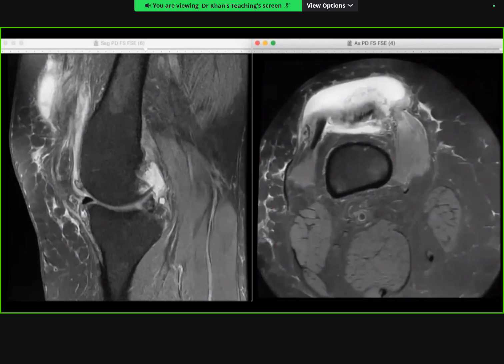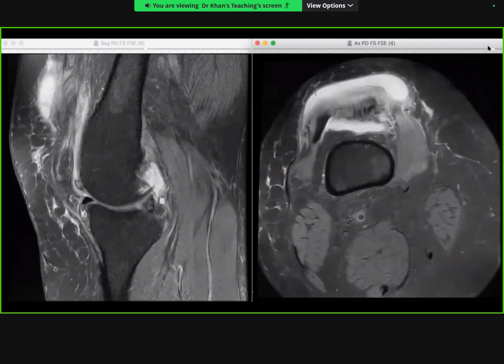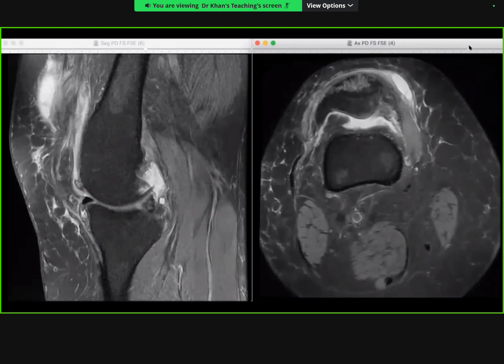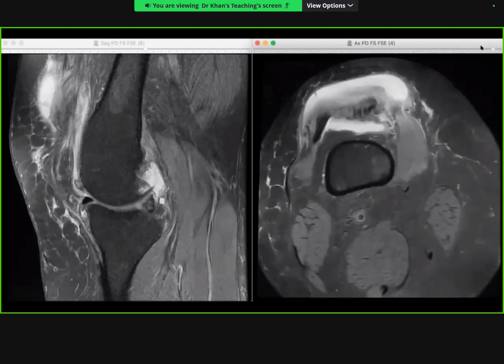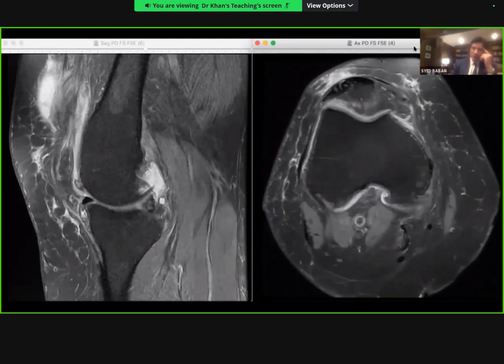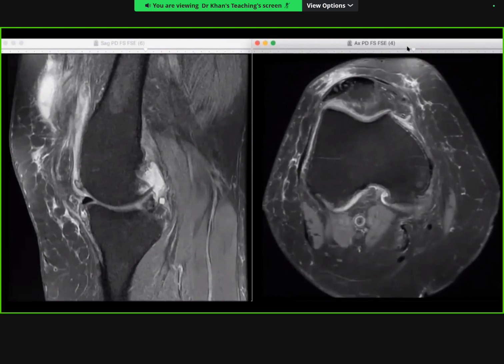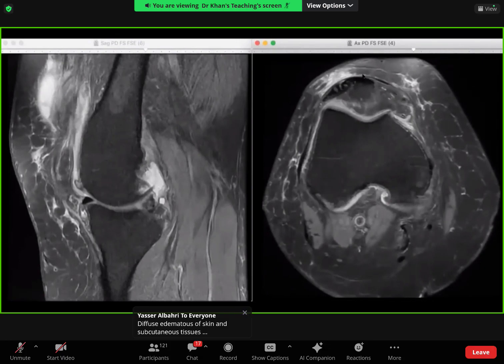So there's significant high signal in the quadriceps tendon, which is in keeping with a rupture. Okay, so in summary, there is a bucket handle injury of the medial meniscus and complete rupture of the quadriceps tendon and a fracture fragment of the medial tibial plateau.